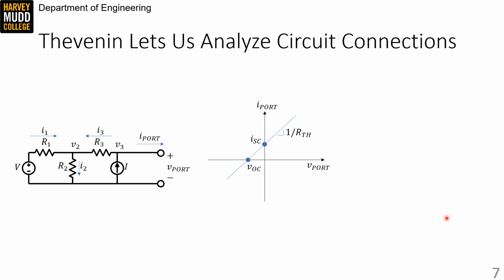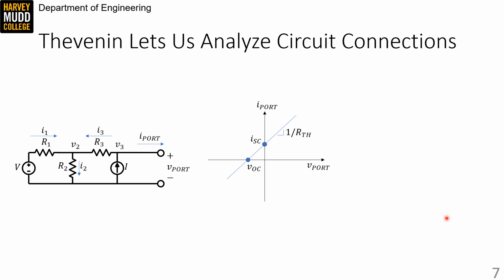This graph shows a relationship between port voltage and port current. And we know that it does so because every element in the circuit is linear. So the port voltage and port current relationship must also be linear.